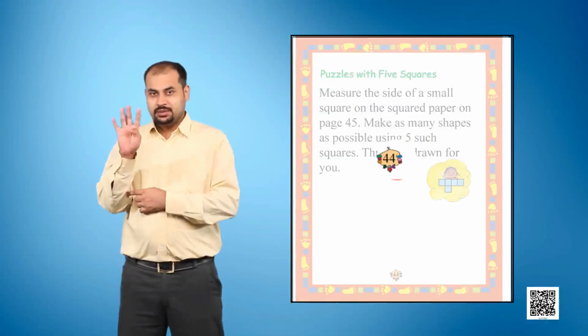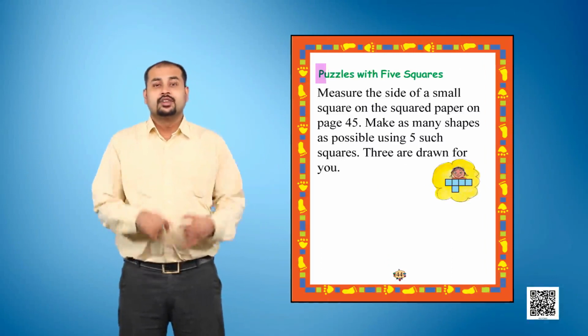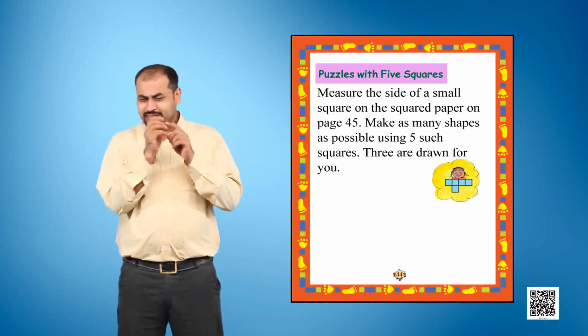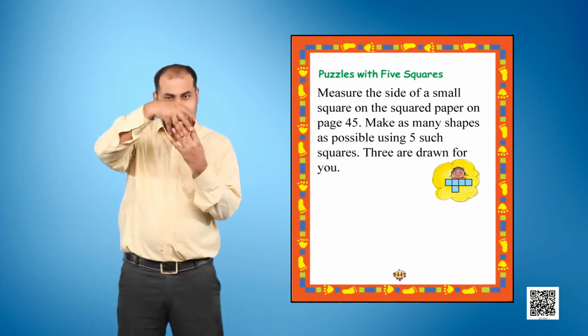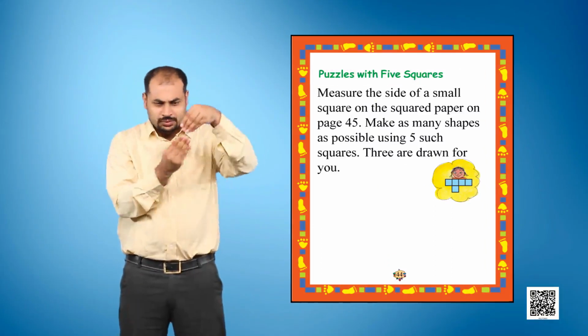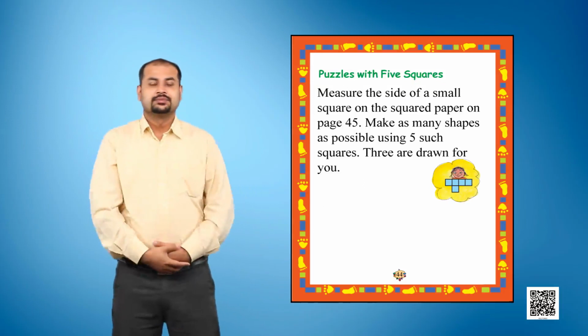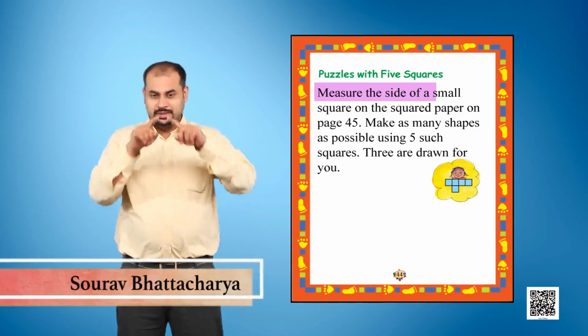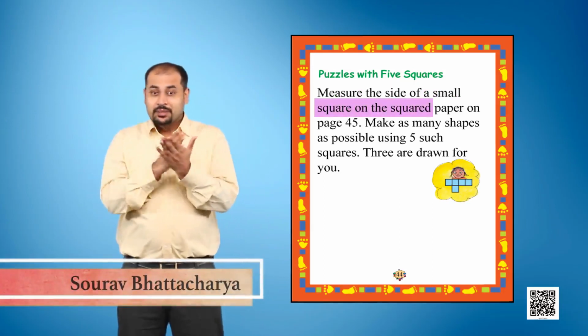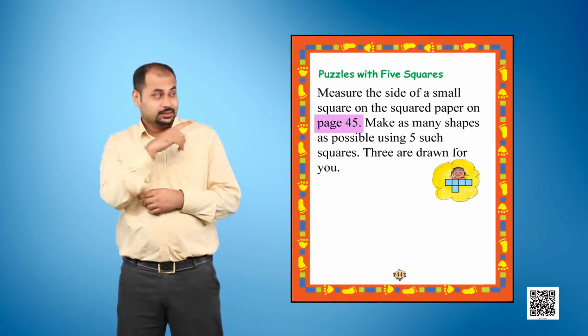Page 44. Puzzles with 5 squares. Measure the side of a small square on the squared paper on page 45.